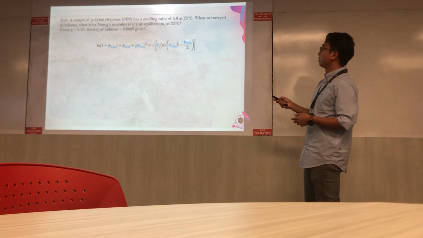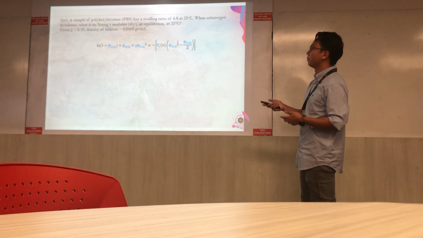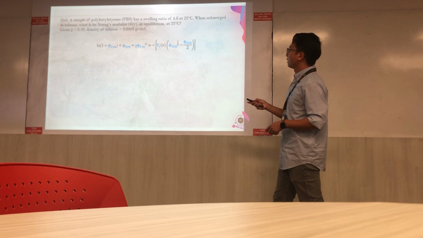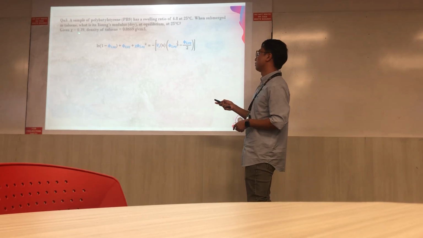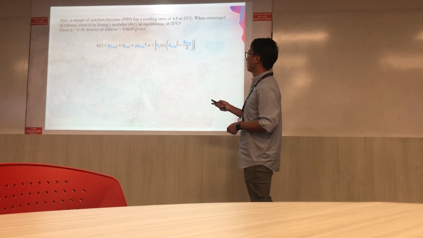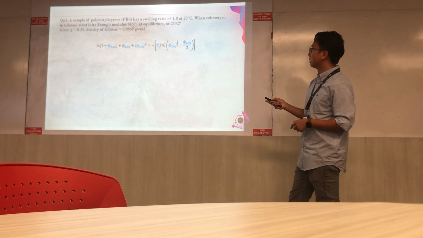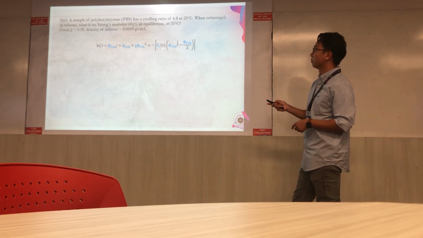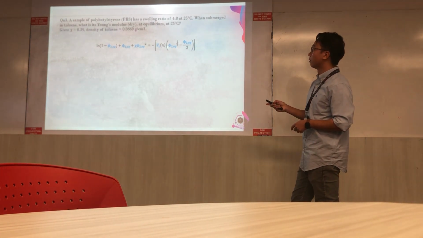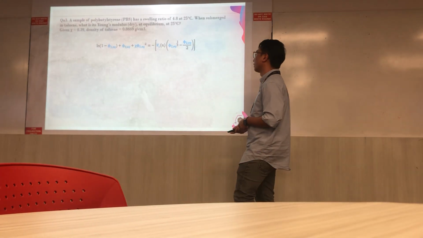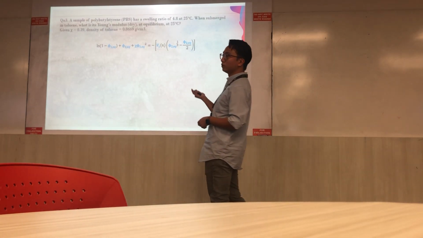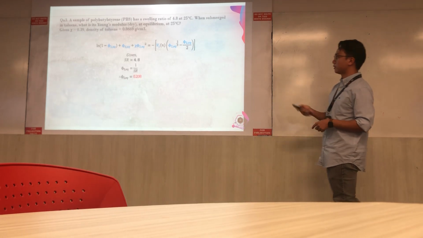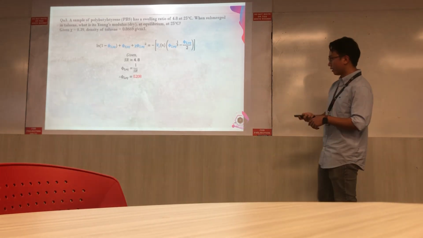So all this will just become a number. Chi is given as 0.339. And so what you're left with is your cross-link density and your solvent molar volume, which we will see how to find. Okay, so you're already given 2 out of 4 variables, so let's see how we can find the other 2.